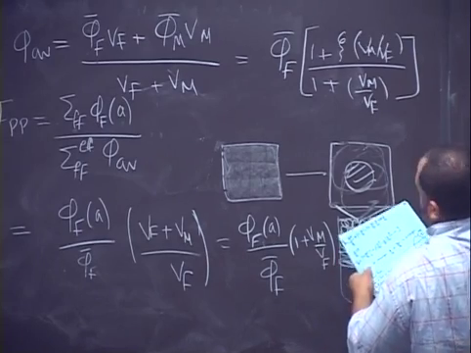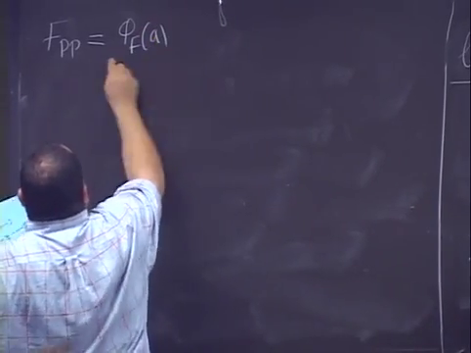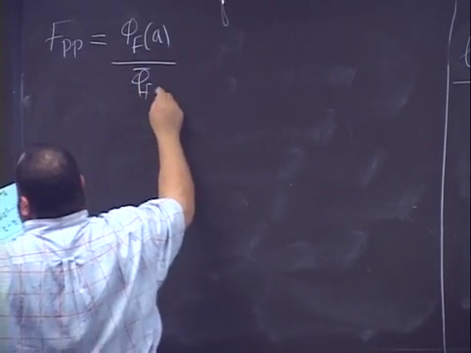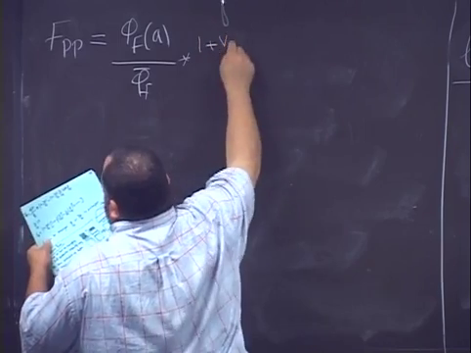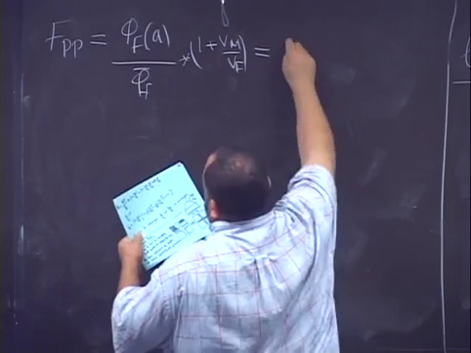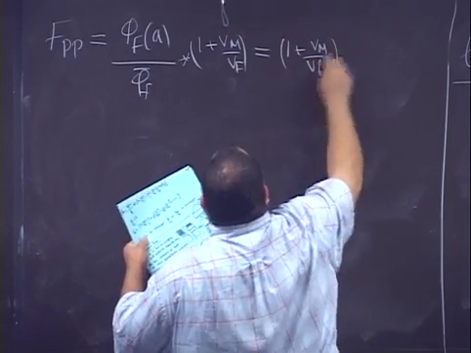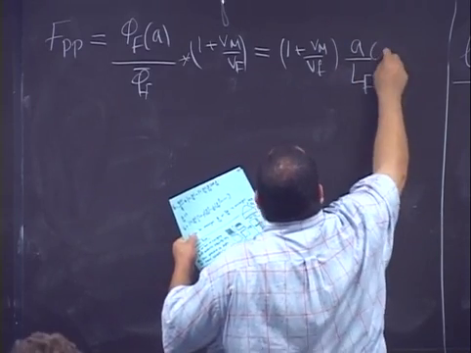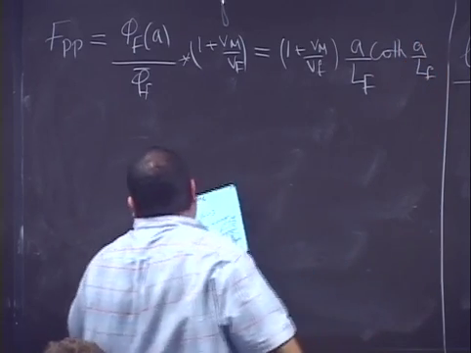F, the power peaking factor, is just phi F at A over phi average of F multiplied by 1 plus V moderator divided by VF, and this is equal to 1 plus VM divided by VF multiplied by A divided by LF multiplied by the cotangent of A over LF.